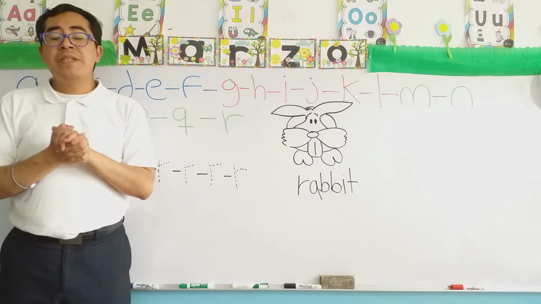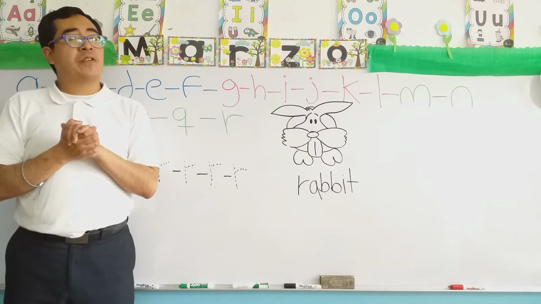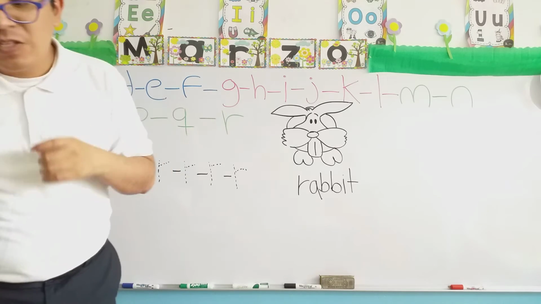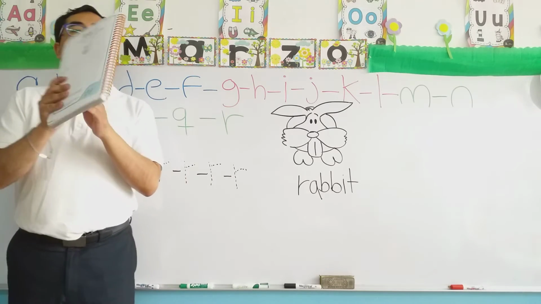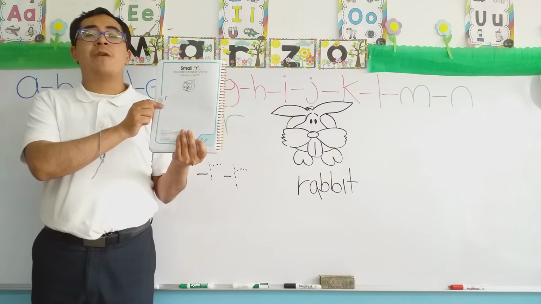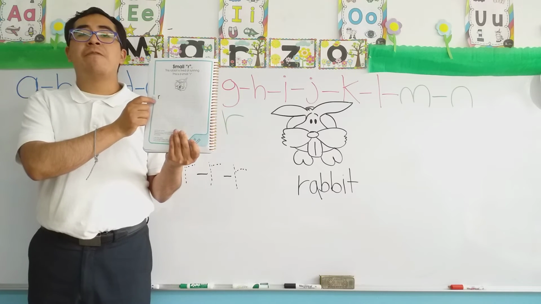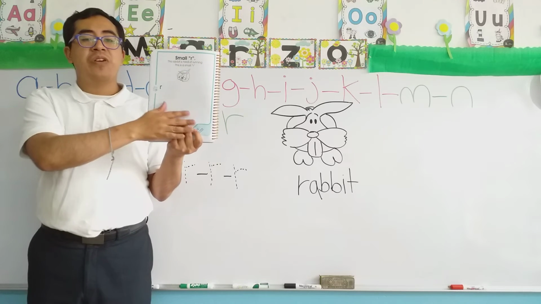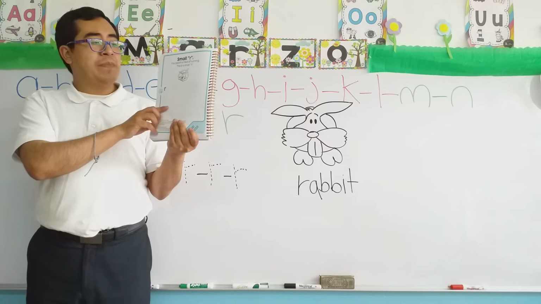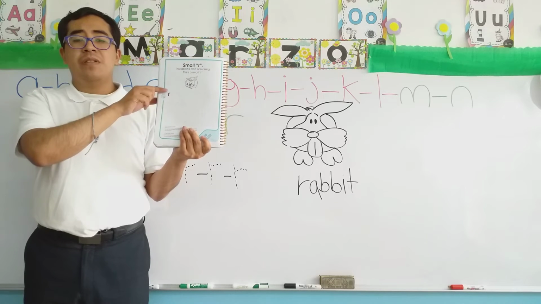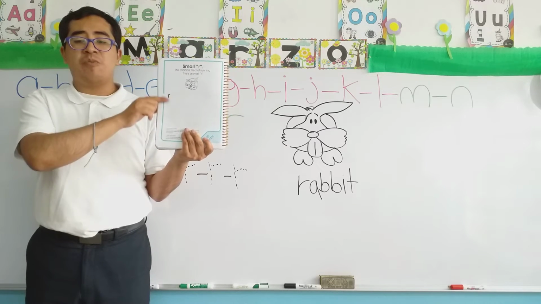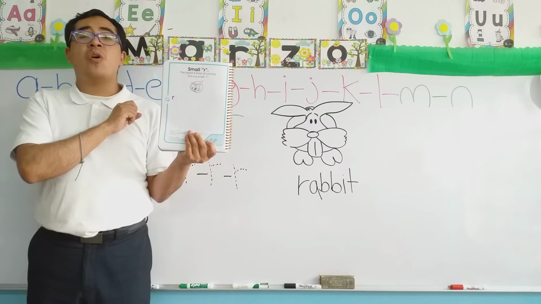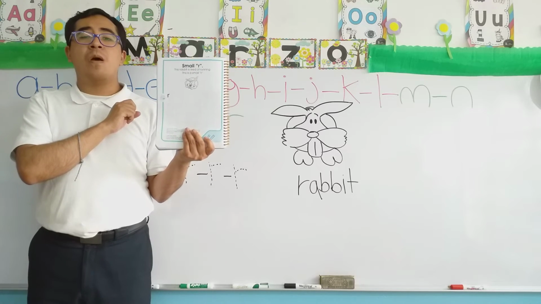Now, the activity of your teddy book, my children, is located at page 174. So as you can see here, we have the activity divided into parts. The most important part appears right here, which is the tracing of the letter small r.